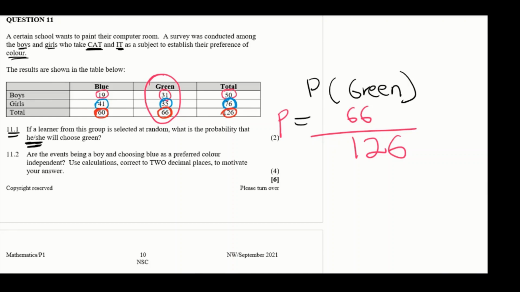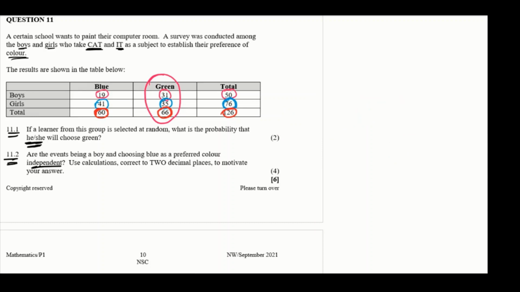Then going to 11.2, are the events being a boy and choosing blue as preferred color independent? So let's do this. Now we want to know, are the events being a boy and choosing blue as a preferred color independent?